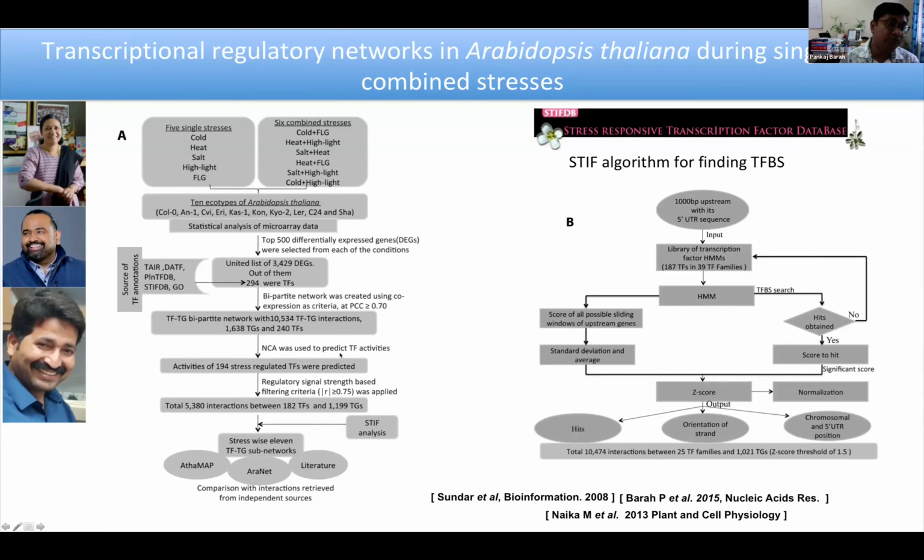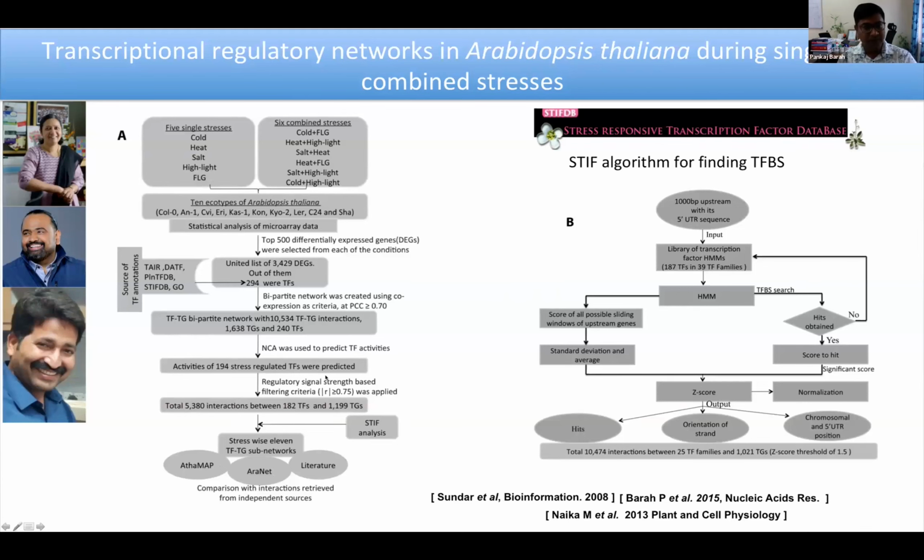Then we wanted to validate this co-regulatory network constructed using the computational model, so we collected data from AtRegNet, AraNet, and a literature survey. Additionally, because the STEP algorithm was quite powerful, we wanted to compare its prediction by generating another transcriptional regulatory network from the STEP DB.